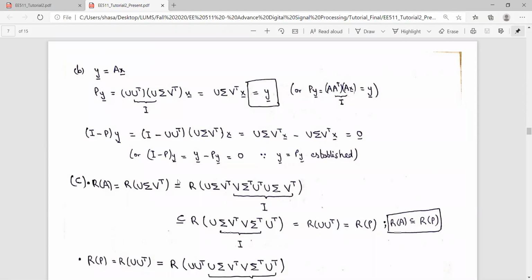Since UU transpose would be symmetric, we'll have to compute it, because UU transpose is not orthogonal. If it would have been orthogonal, then we could have simply done the whole transpose. But in this case, we'll need to compute it, I think. Okay. Right.